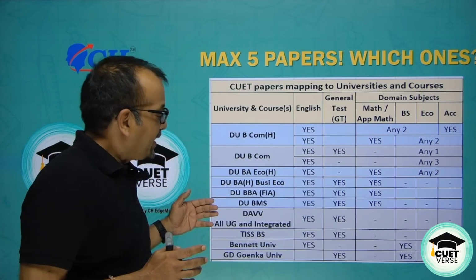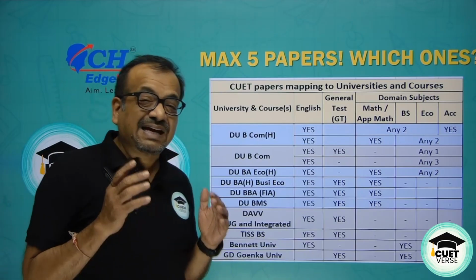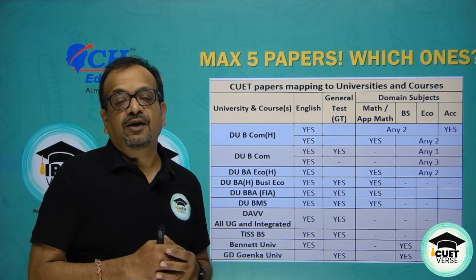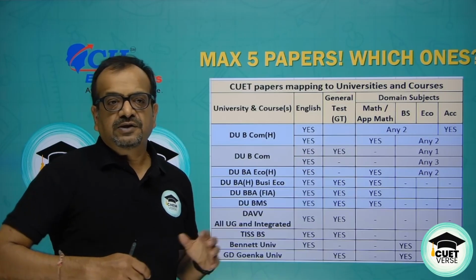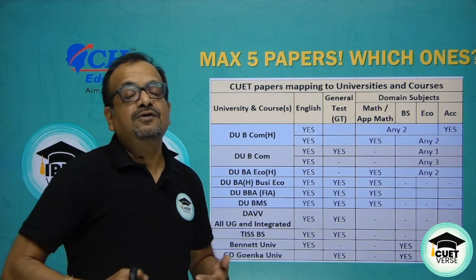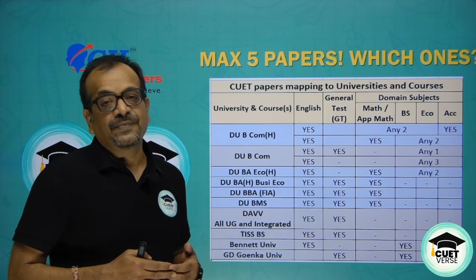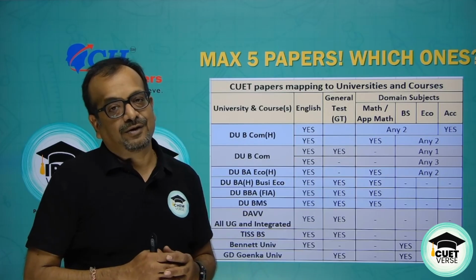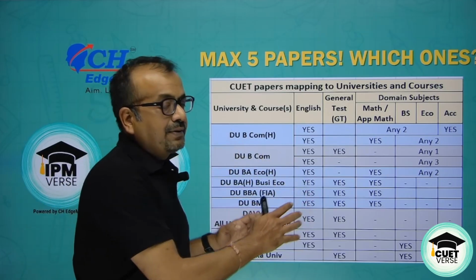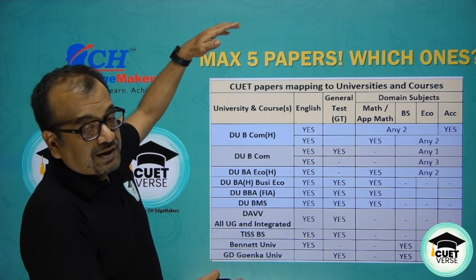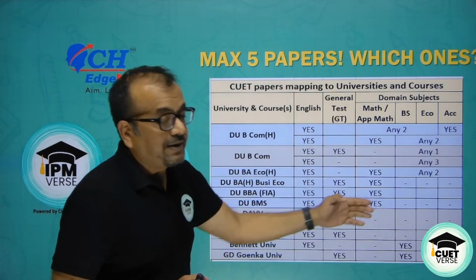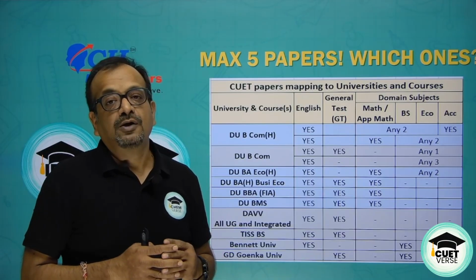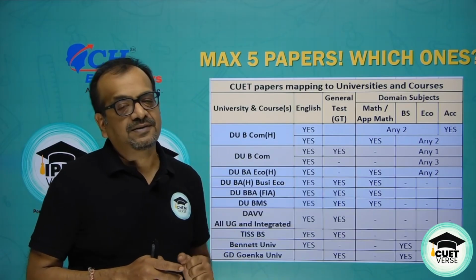And one particular state university, DAVV, Devi Ahilya Vishwavidyalaya of Indore, because this is one of the oldest associates of the CUET admission process, and especially in central India, one of the very sought after state universities. I cannot include all the 300 universities, but this limited inclusion will make us think about how to choose the 5 papers that are allowed.